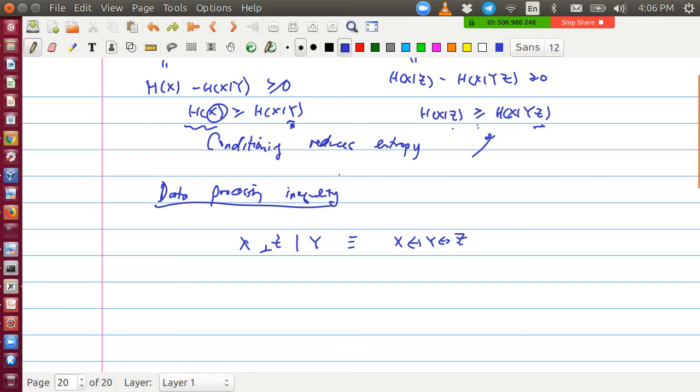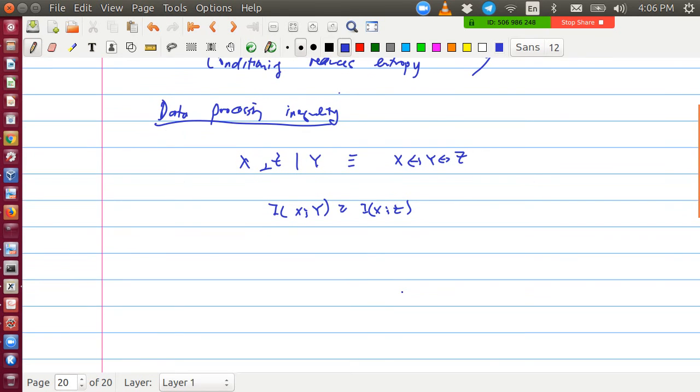If you have this condition, that X and Z are conditionally independent given Y, then we will have I(X;Y) bigger than or equal to I(X;Z). The mutual information between these two will be bigger than or equal to the mutual information between these two.